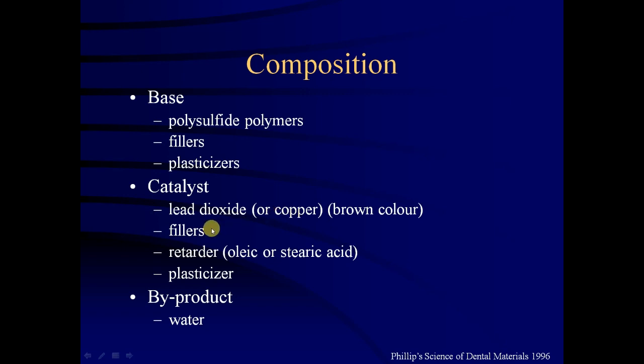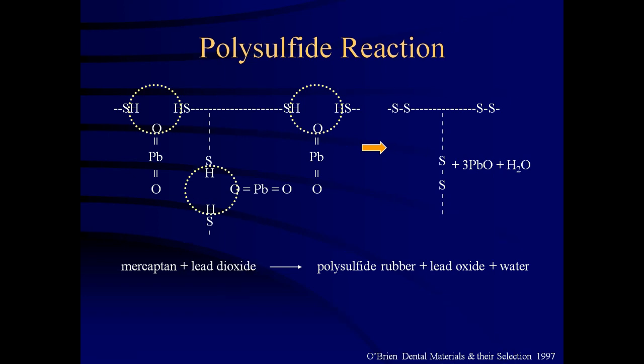It includes fillers, retarders which consist of oleic and stearic acid, and plasticizer, and the byproduct is water. This is the reaction taking place: mercaptan with lead dioxide leads to the formation of polysulfide rubber, lead oxide and water.